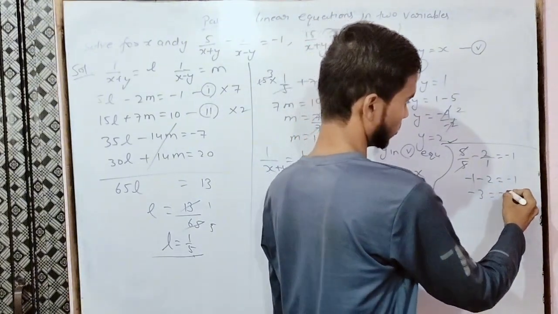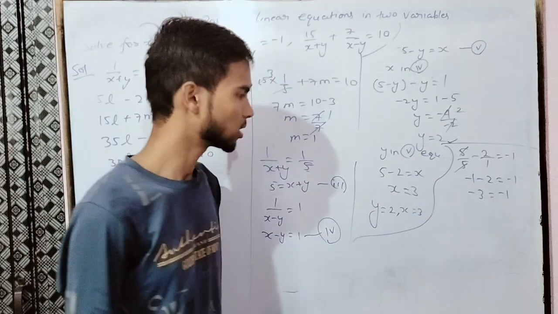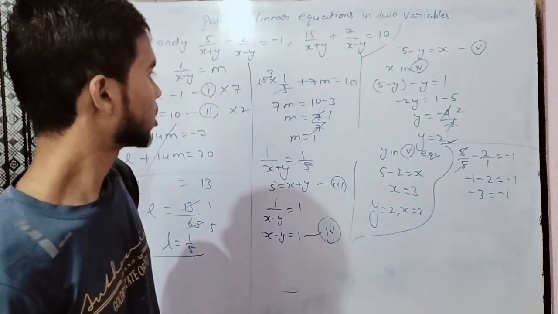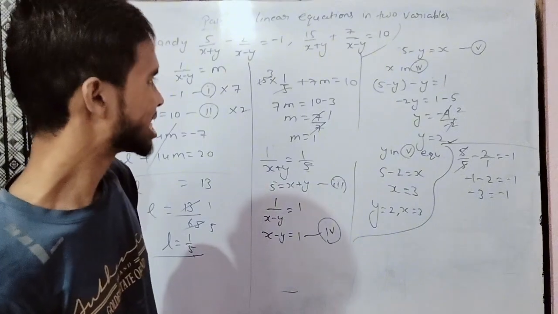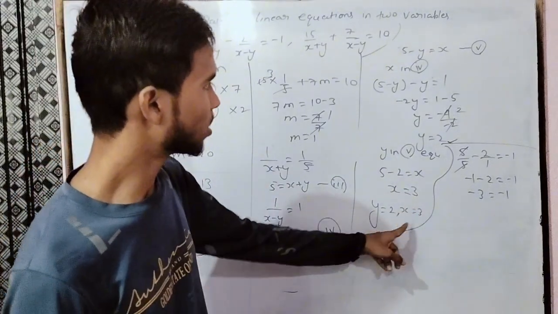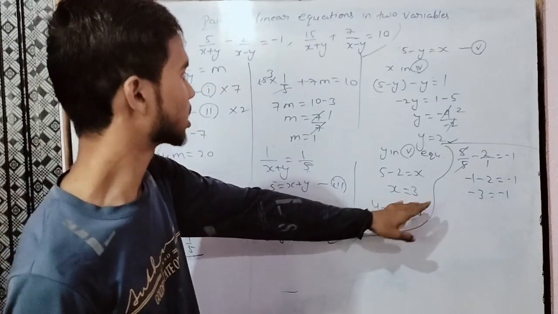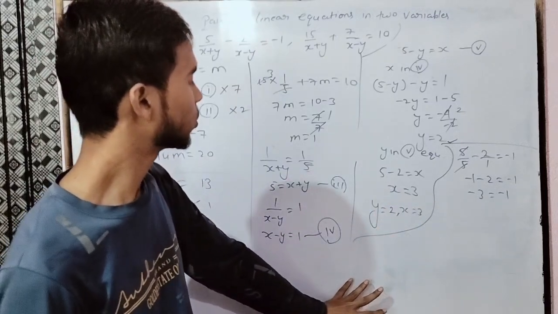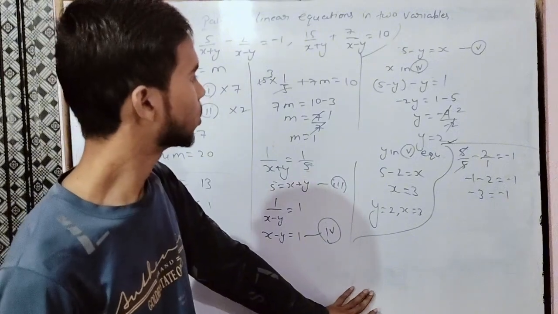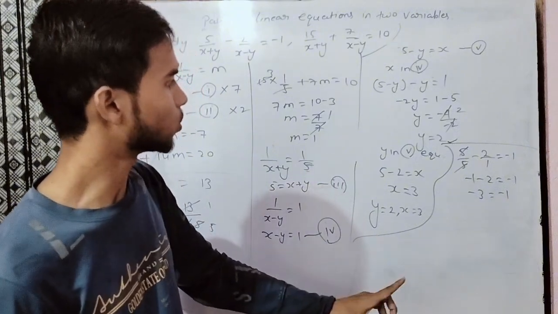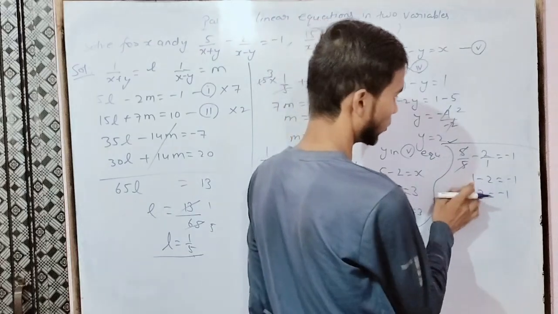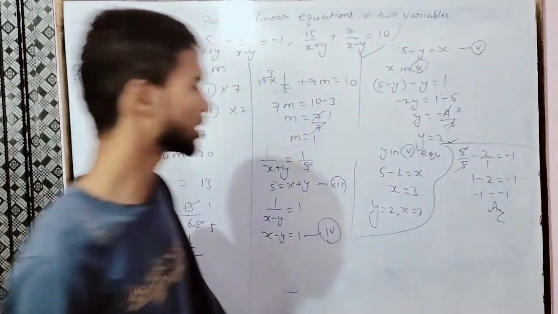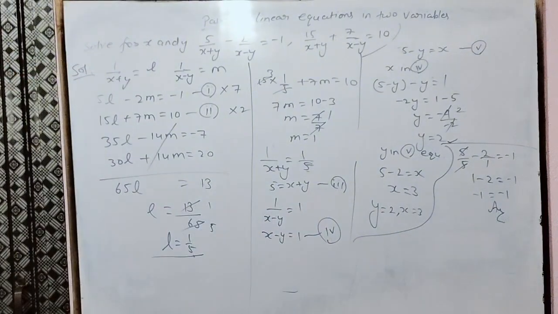So minus 3, minus 1. Three plus 2 and 3 minus 2. 1 minus 2. So here is what? 1 minus 2, so minus 1. Yes. Now we can say our answers are correct.